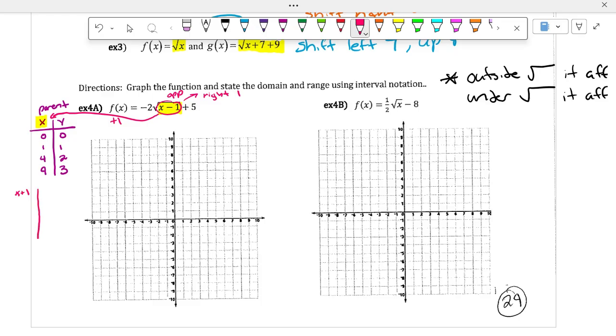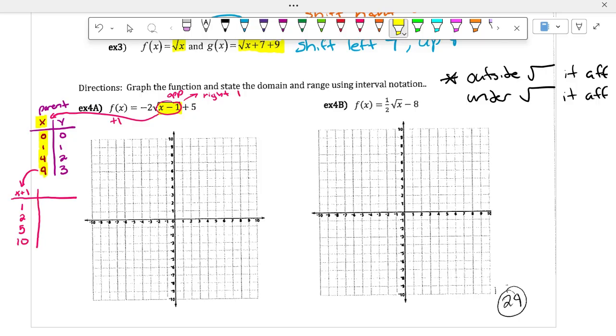So I'm doing x plus 1 to get my new x value. So what's 0 plus 1? 1. 1 plus 1? 2, 4 plus 1? 5, 9 plus 1. 10. So we're taking these values and we're adding 1 to them.